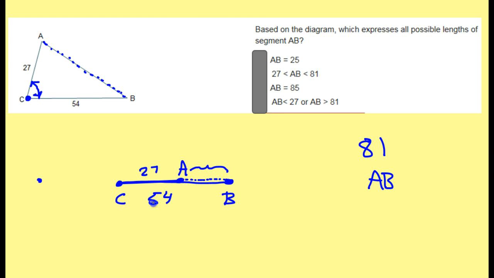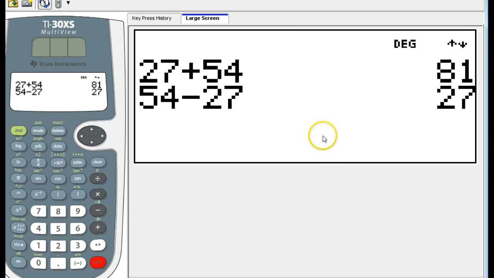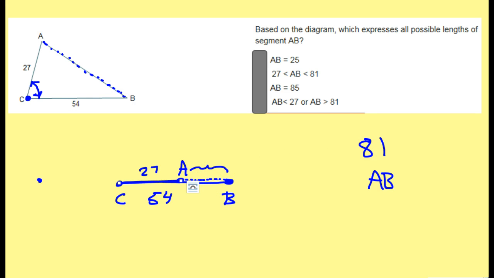You could subtract. If you take the 54 and subtract 27, that must be this leftover distance from A to B. So 54 minus the 27, oh, that's 27, of course, because those are equal. 27 plus 27 is 54. So AB would then be 27.